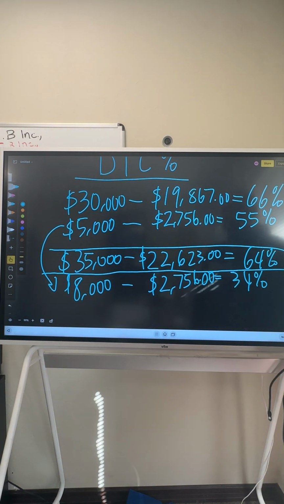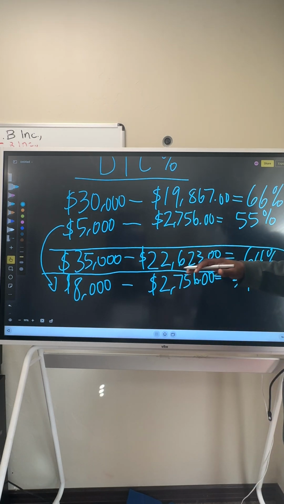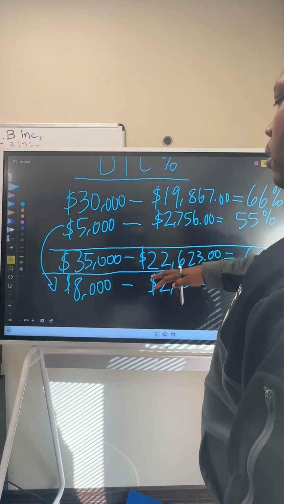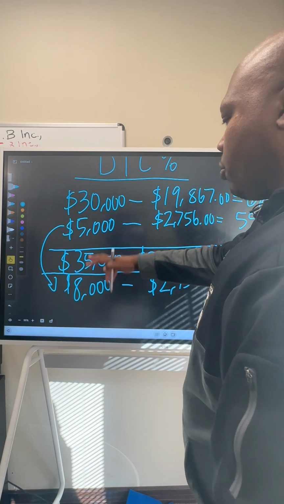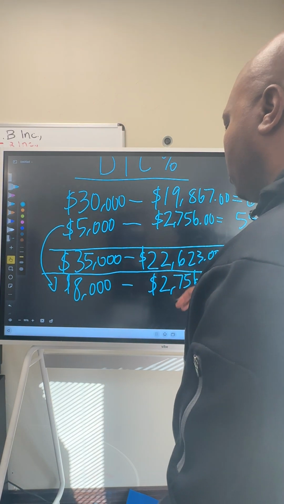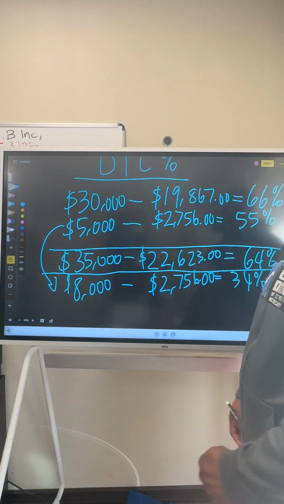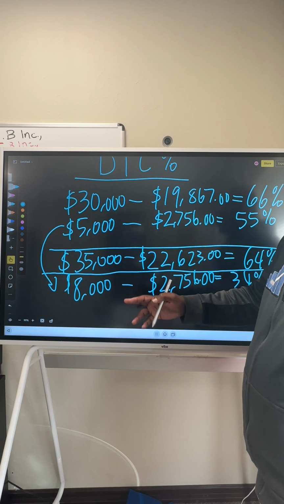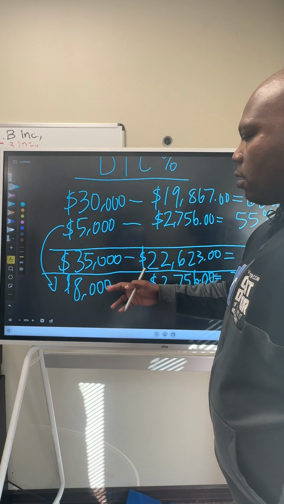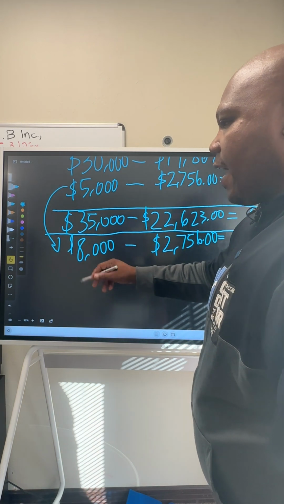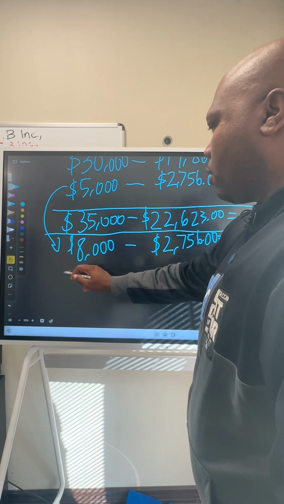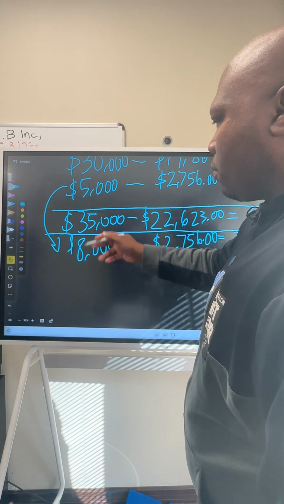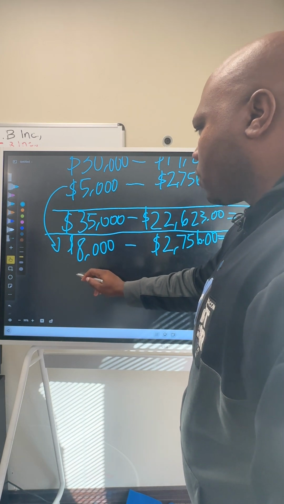Now what you're going to do is take this number and this number and add them. That's how that works. So now we got 38,000, because you're adding the 3,000 to the equation.